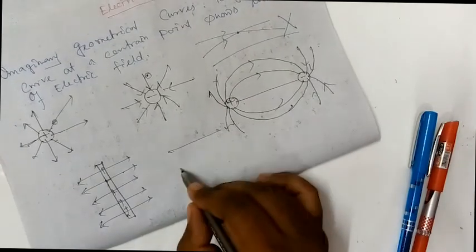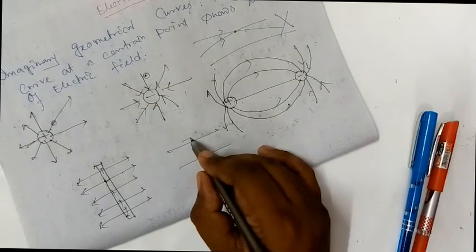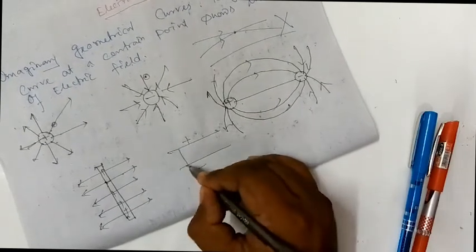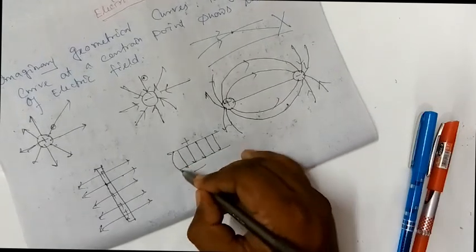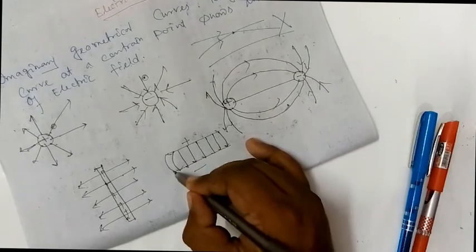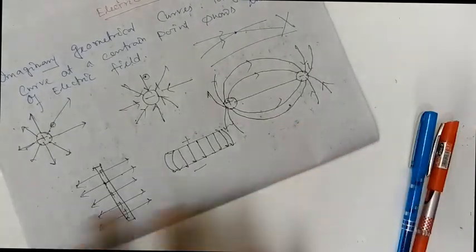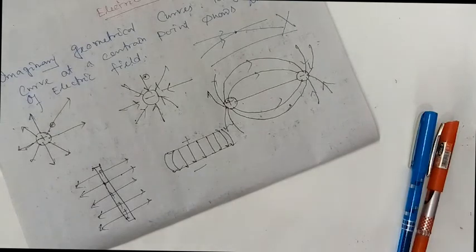If you take two plates of different charges, positive and negative, then in the middle the lines are parallel, but at the ends they take a curve from positive to negative. That is basically the field lines. Clear? My suggestion is that you read the definition as well as the properties. It is not possible to write them all down here, but in your book they are written, so you have to read them.